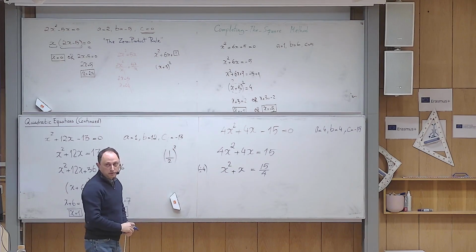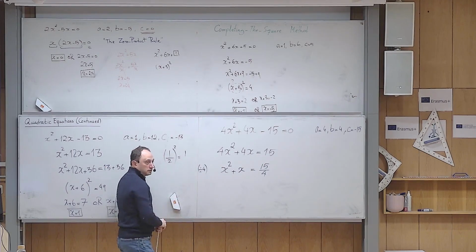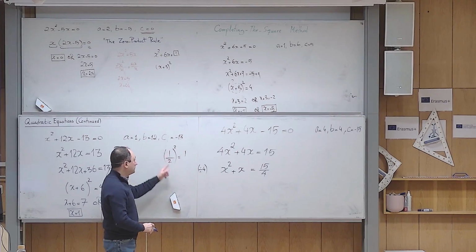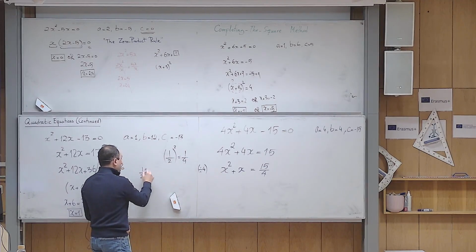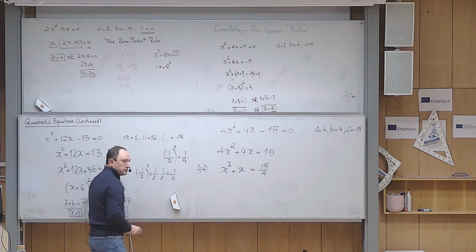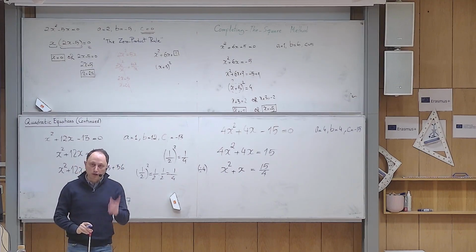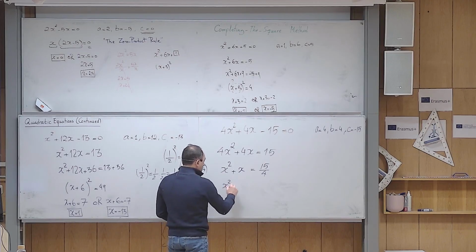What is the answer? 1 over 2 to the power of 2 is 1 over 4. Why? Because 1 over 2 to power 2 means 1 over 2 multiplied by 1 over 2, so 1 times 1, 2 times 2. Yes? So your number is 1 over 4. So you have to add 1 over 4 to both sides.